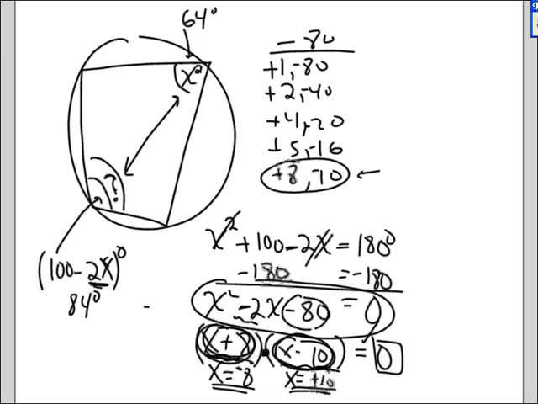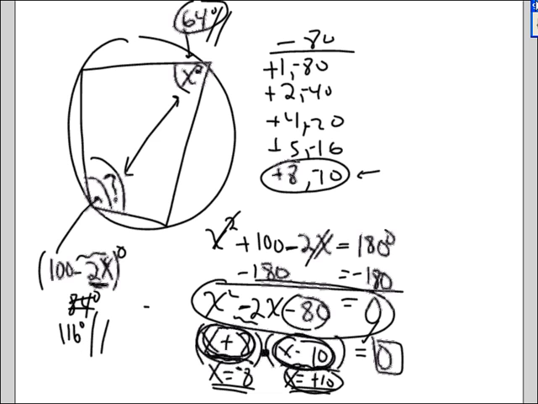Now, if x is negative 8, this will be 64. And if x is negative 8, you'll be adding 16. You have 116. These numbers, 64 and 116, do add up to 180.